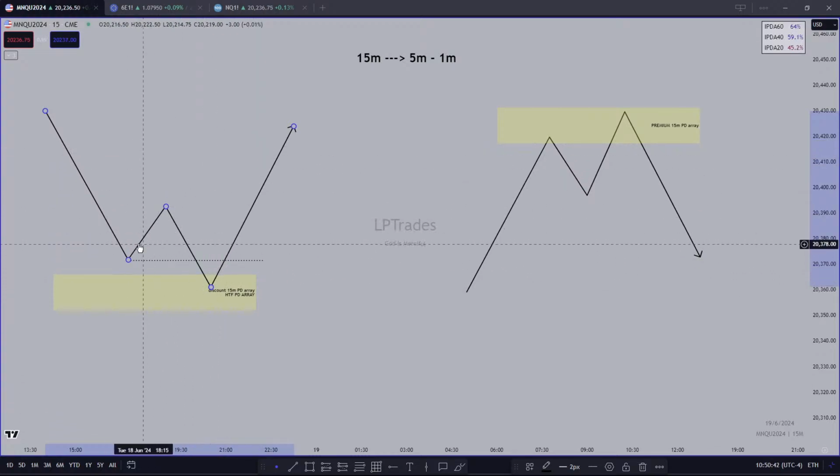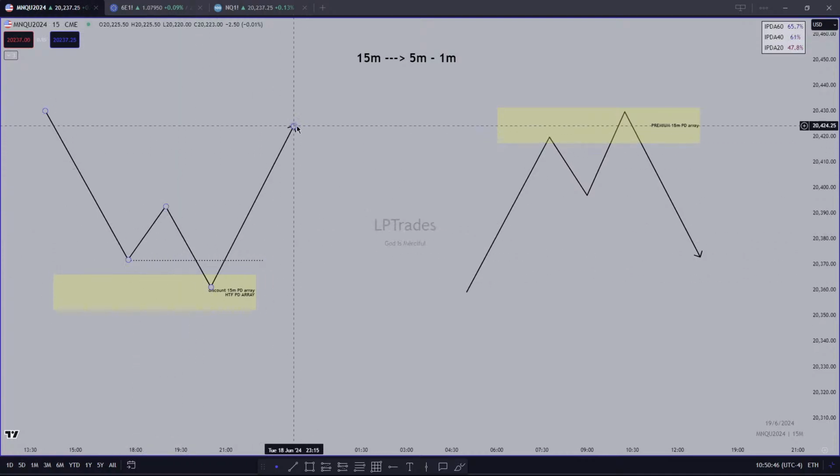I often describe this as accumulation, manipulation, distribution, as ICT does. That's the formation of an order block. An order block forms by doing accumulation, manipulation, and distribution. You get this initial run higher, which gets people into early longs.